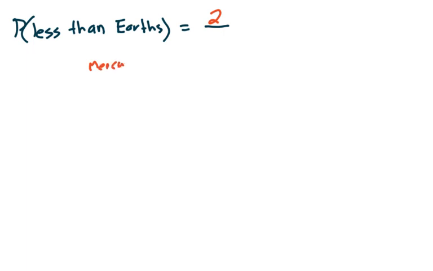You don't have to write down the Mercury-Venus part. Divided by all possible planets that we could have pulled, which would have been 8, because there's 8 total planets. So we would reduce this and get 1/4. Now, if we wanted to write it as a decimal, you get 0.25, or a percent would be 25%.